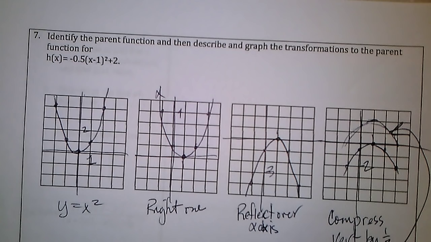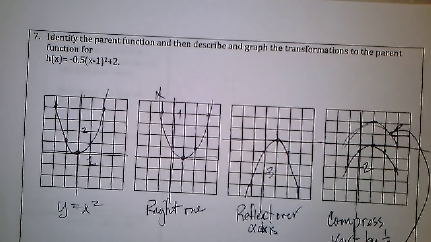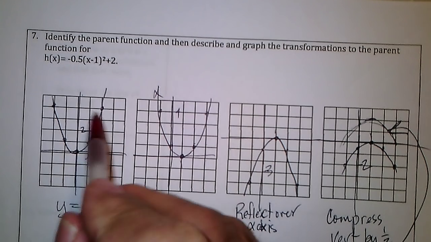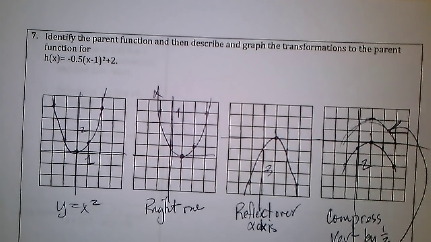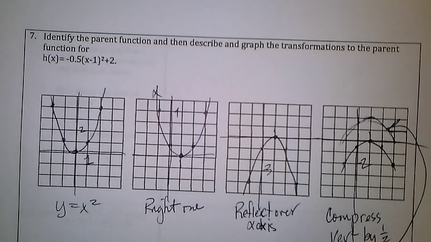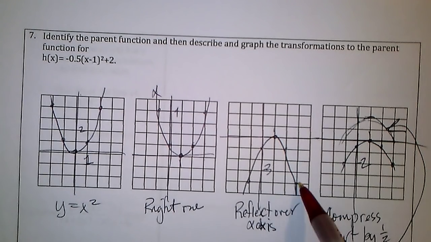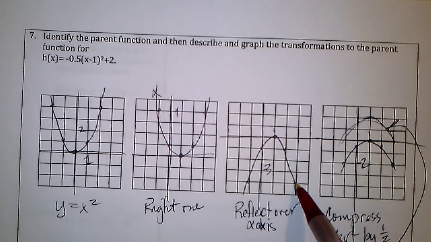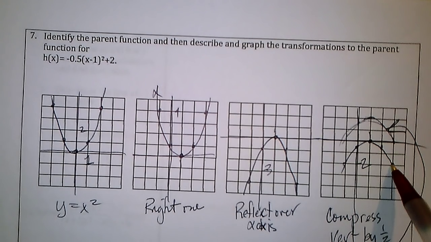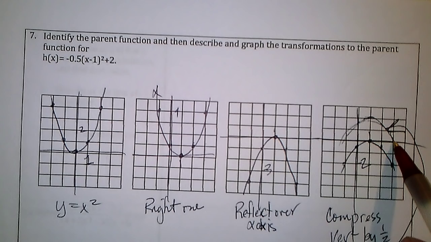Okay. 2, 4 is on the graph. Where does it move to? So 2, 4 goes to 3, 4, goes to 3, negative 4, goes to 3, negative 2, goes to 3, 0.